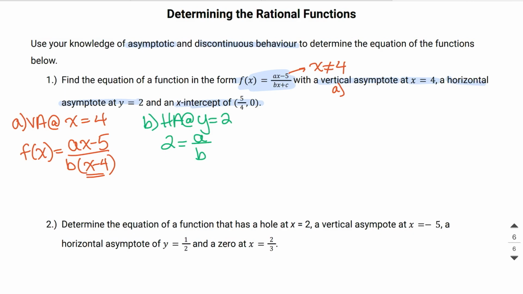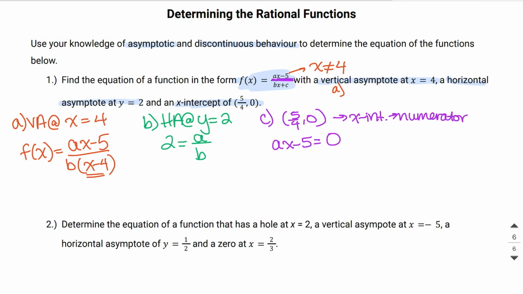Okay, and the last piece of information that we're given is that there's an x-intercept at 5 over 4, 0. Because we have an x-intercept of 5 over 4, 0, and because the x-intercept comes from the numerator, we can say that this ax minus 5 is going to equal 0.